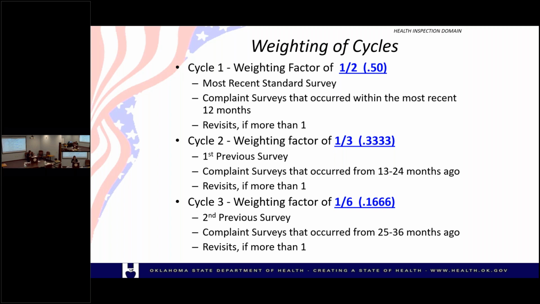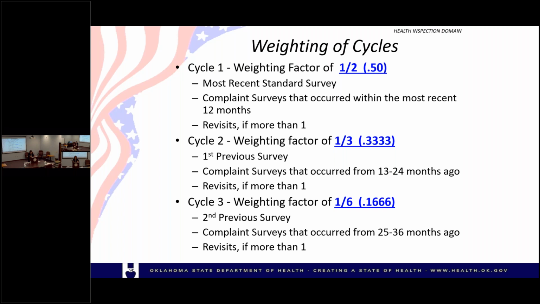So I want to take a look at how each of the cycles are weighted, because this first cycle is considered the first year, because we remember a cycle includes the three most standard surveys, so the three most current or recent years. So cycle one would be your current year.